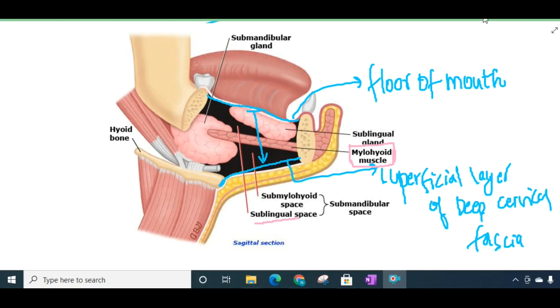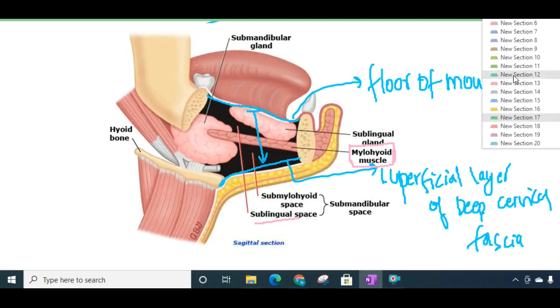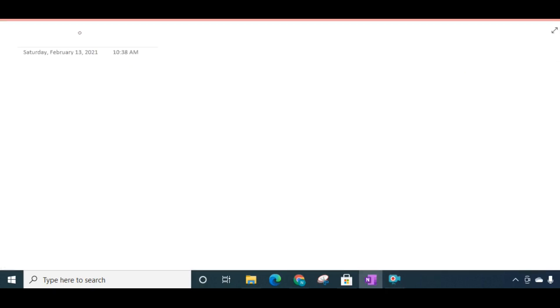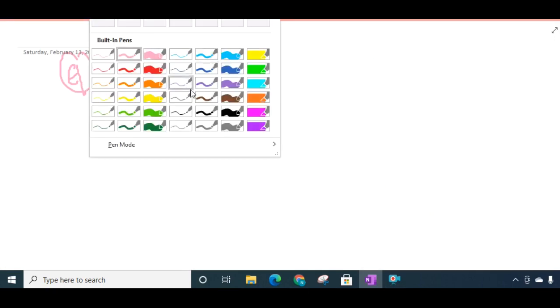So, if you see the etiology of submandibular space infection, which is Ludwig's angina, in 80% of cases it occurs due to dental infections.